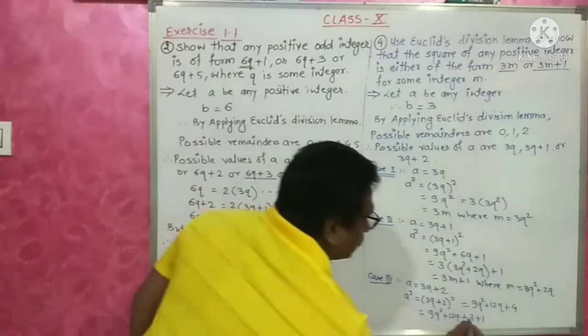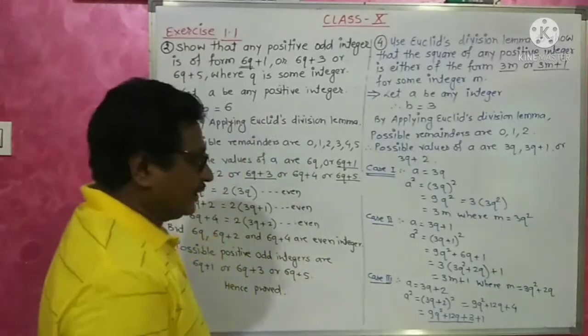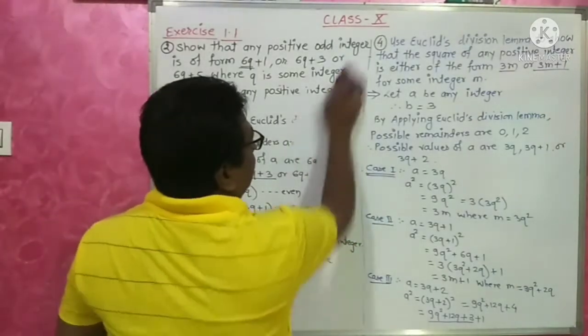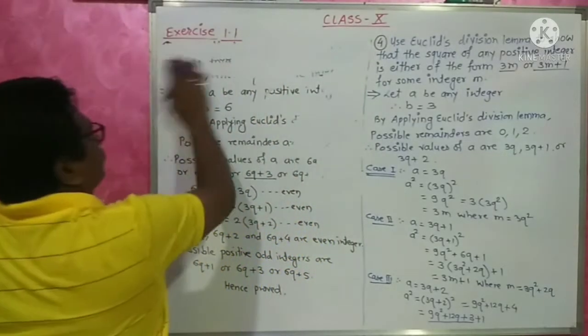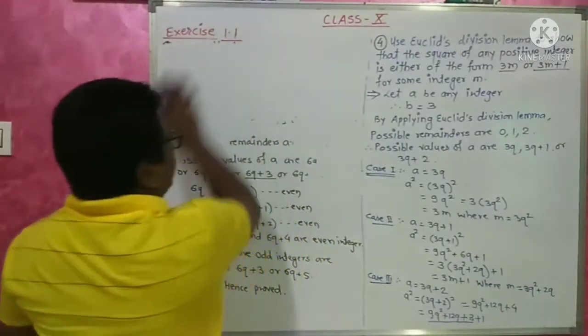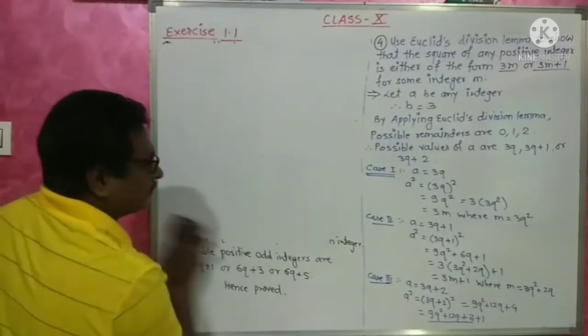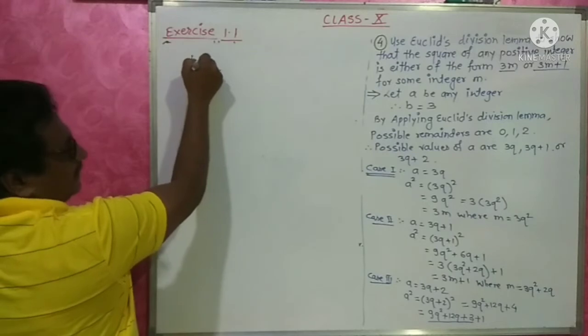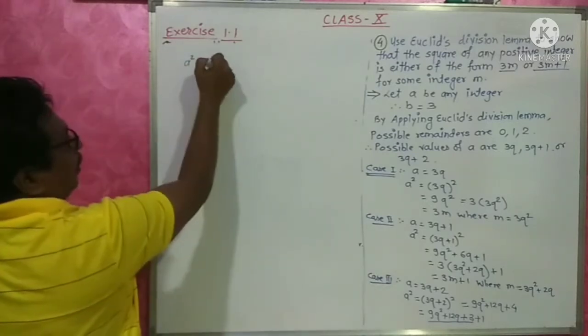Okay. Now from this we can take 3 out common. So how will we take it out? See, now in that a square equals 3 common.